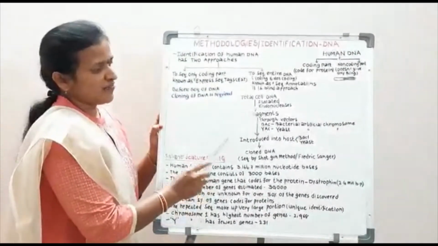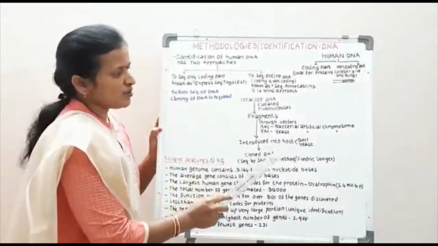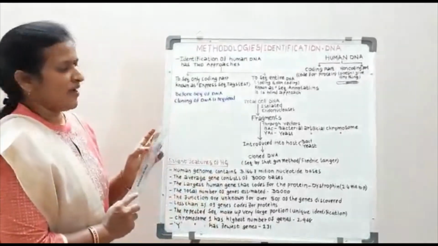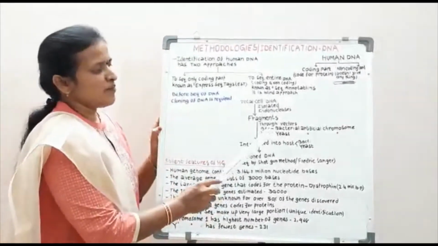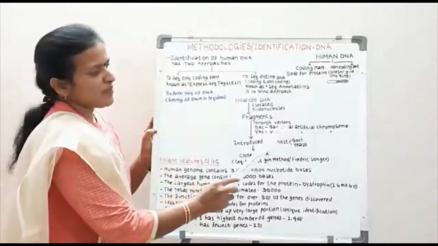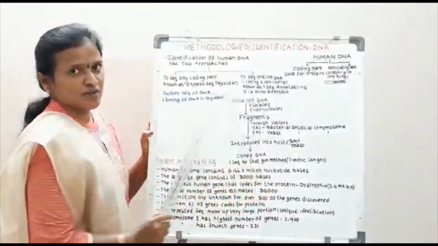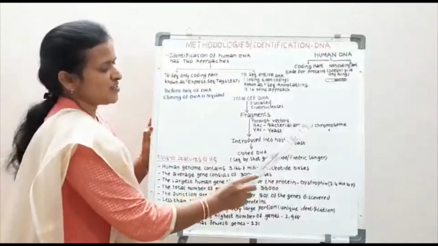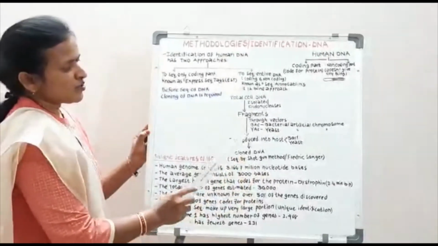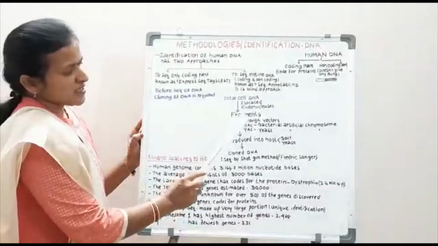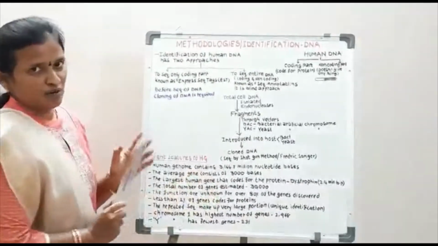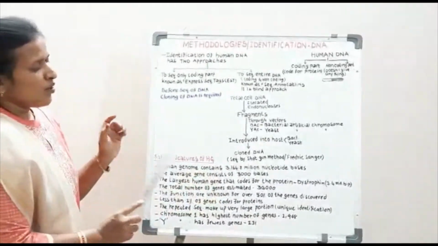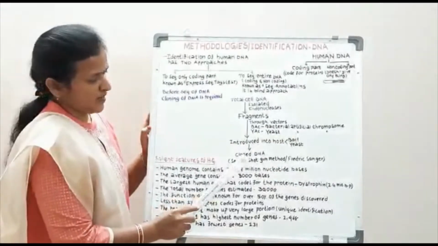These DNA fragments are introduced into the host through vectors, one is BAC, that is bacterial artificial chromosome, and YAC, that is yeast artificial chromosome.